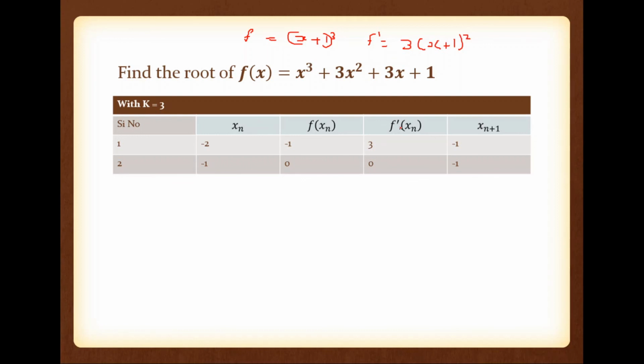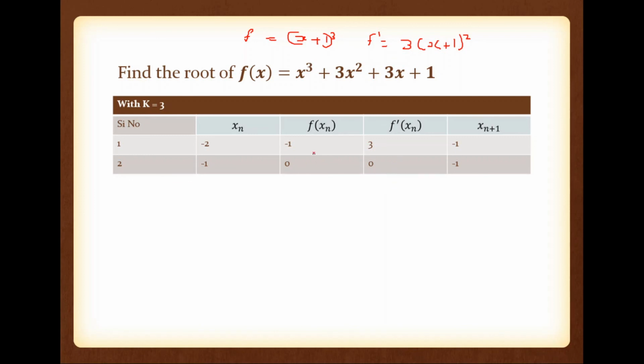So at x equal to minus 1, if xn equal to minus 1, then what is f dash? That is 3 into minus 1 plus 1 whole square, that is 0. So here f dash of xn is also 0. So that is the case of multiple root. If it has a multiple root at the root, then f dash of xn will be 0.